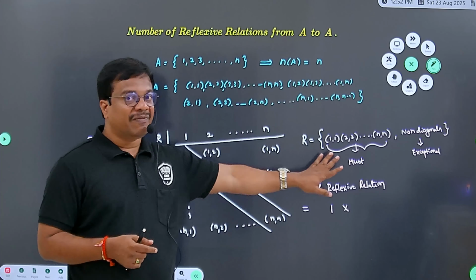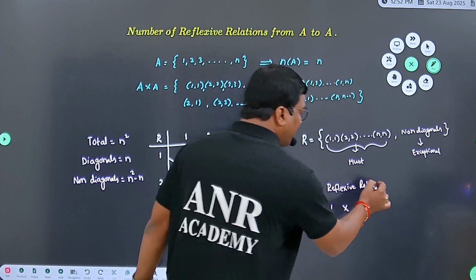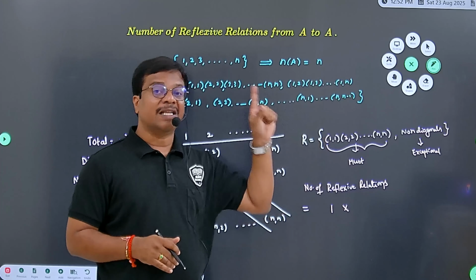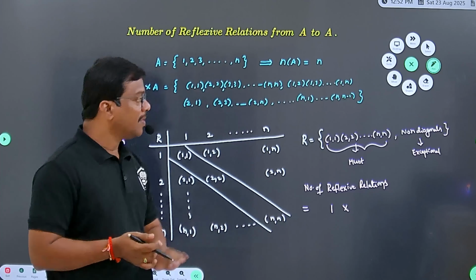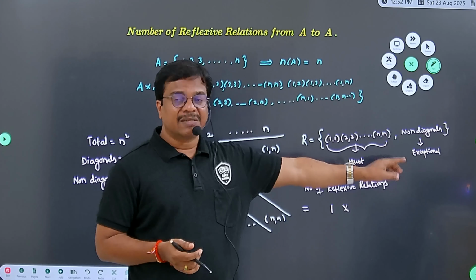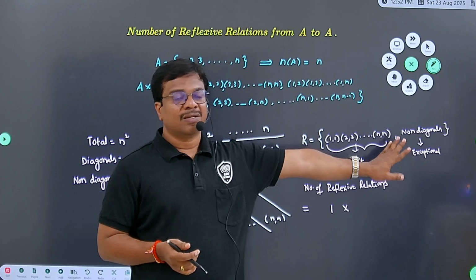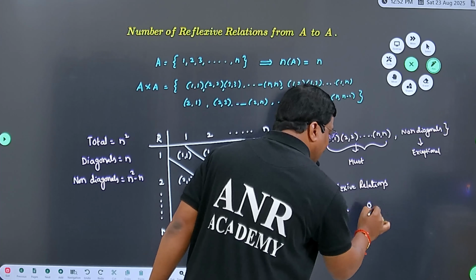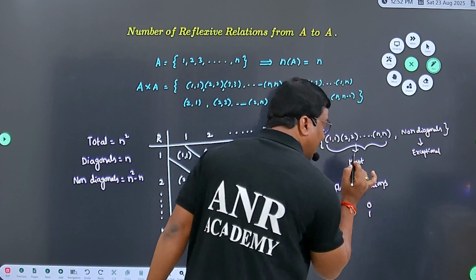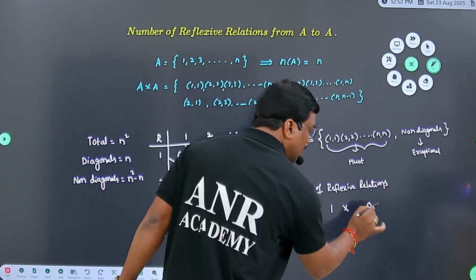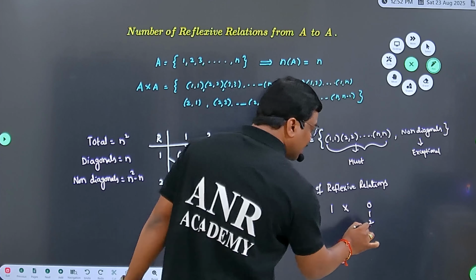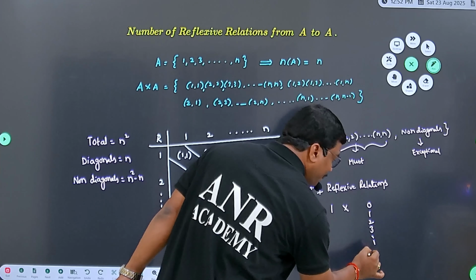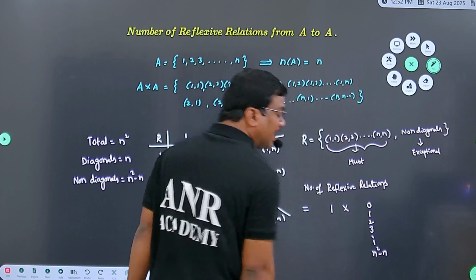Here, for the number of reflexive relations, the condition is that it is a must to write diagonal elements, that is one chance. Non-diagonal elements may or may not be present, so there is a chance for 0 entries, only one non-diagonal entry, next two non-diagonal entries, next three, and so on up to n square minus n non-diagonal entries.